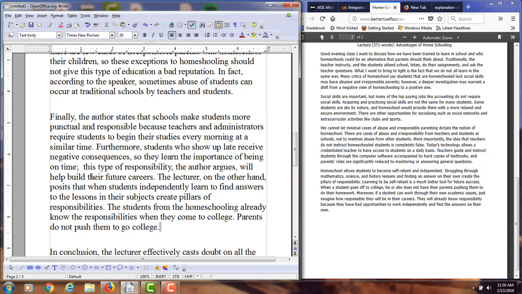So the lecture, on the other hand, posits that when students independently learn to find answers to the lessons of their subjects, maybe, and it says here they create the pillars of their responsibility.